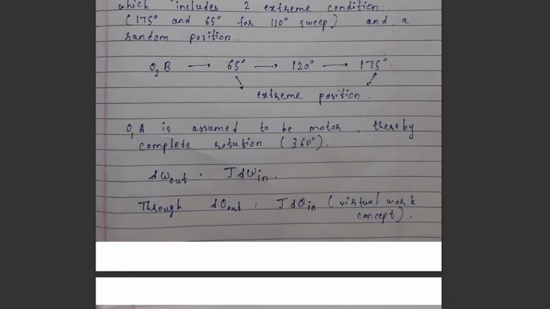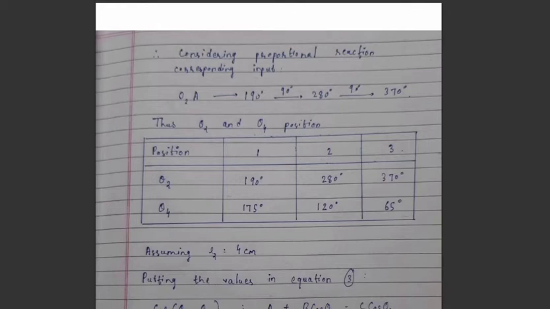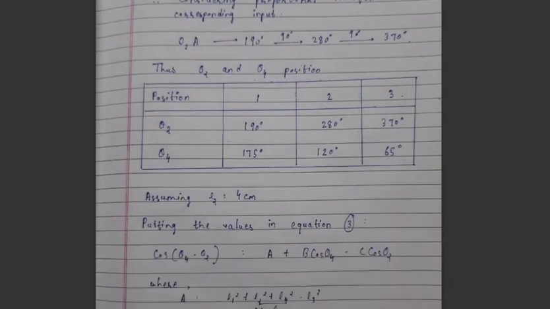So for the corresponding values of input link angle, we'll be assuming that the theta input is proportional to theta output. From where we got that it should be moving 90 degrees. So from that, we got our corresponding input angles as 190, 280 and 370. So now we have 3 positions, and for those positions we have the values of theta 2 and theta 4.